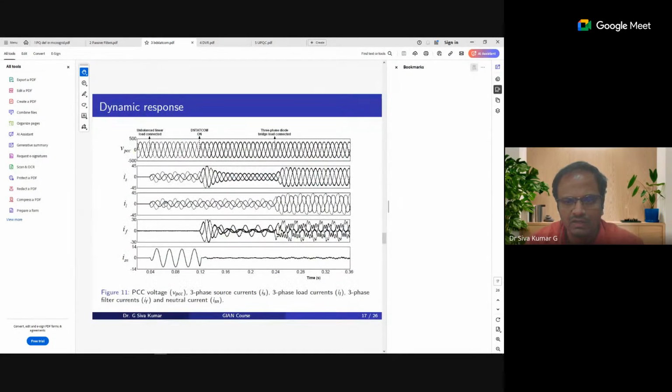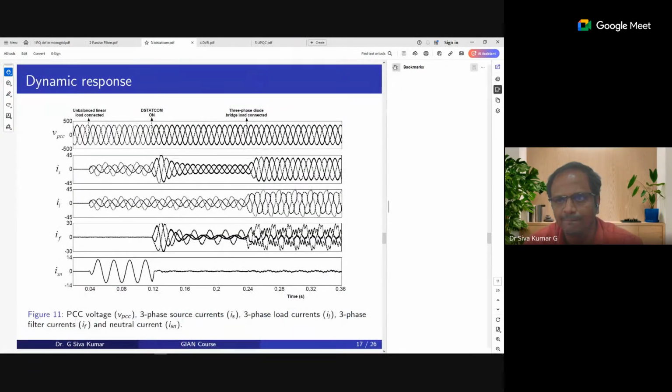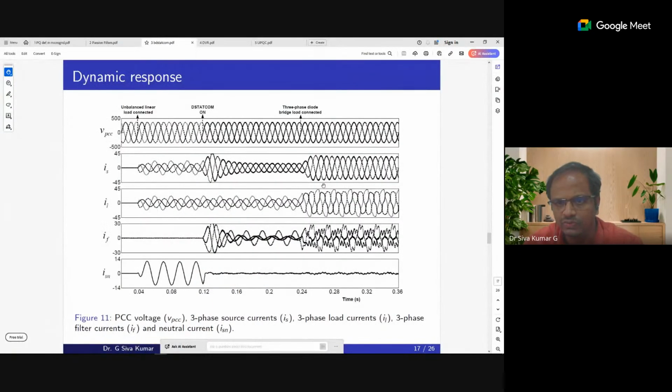Maybe in this figure, you can see that you have unbalanced currents over here. It is going to compensate, so the source current also becomes balanced during the unbalanced case.